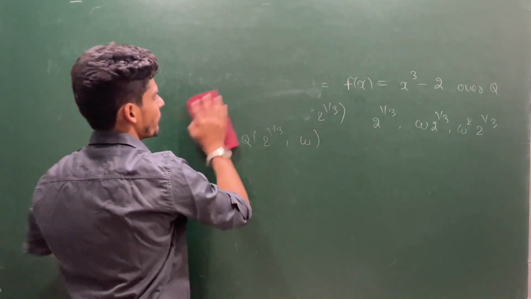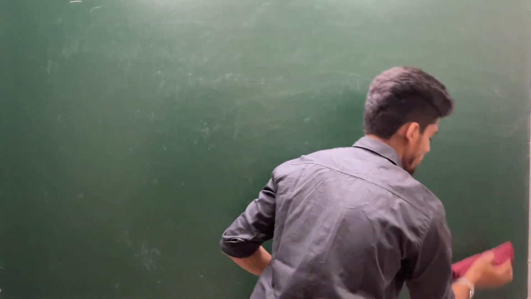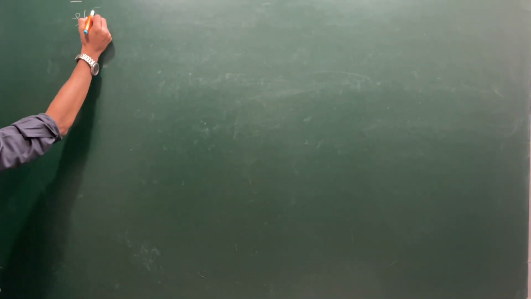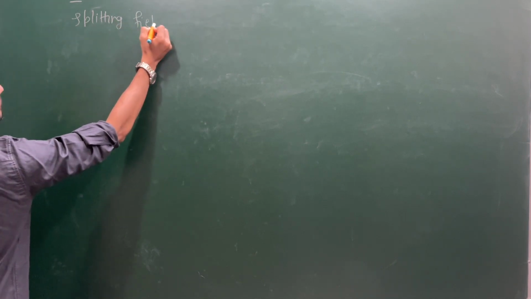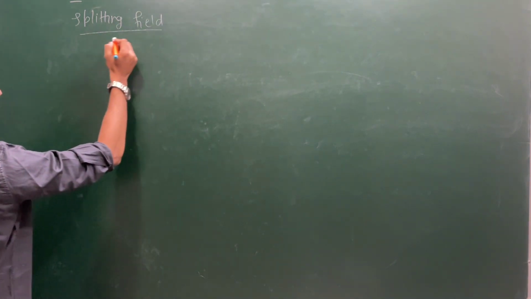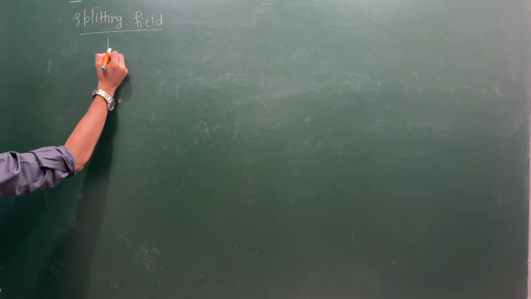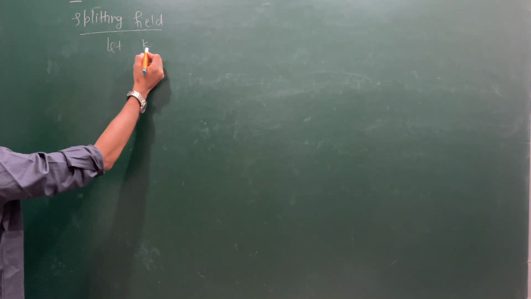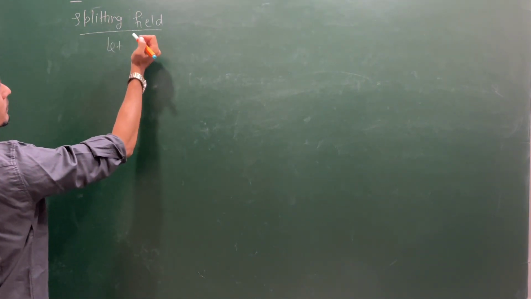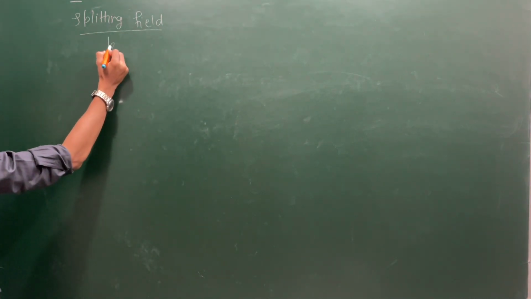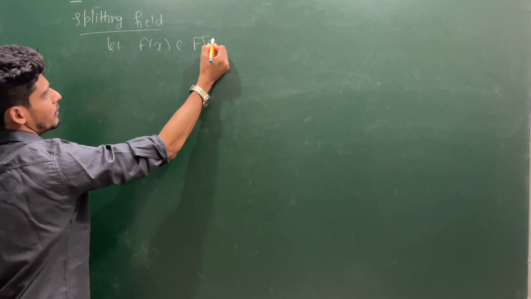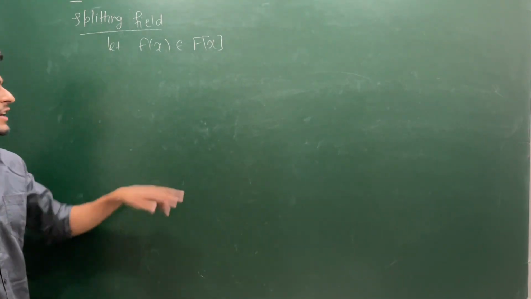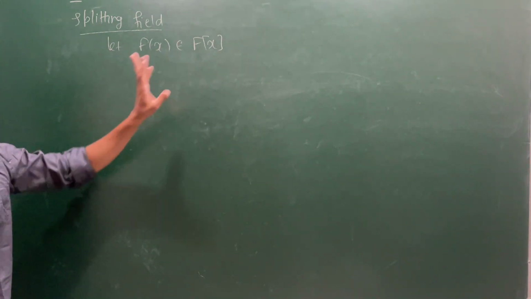Okay, let me give you the definition, then we will come to the more general version. Let f(x) belong to F[x], where F is some field, so F[x] is a PID.